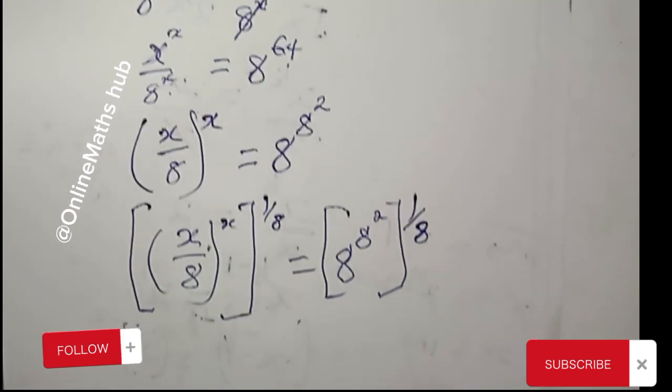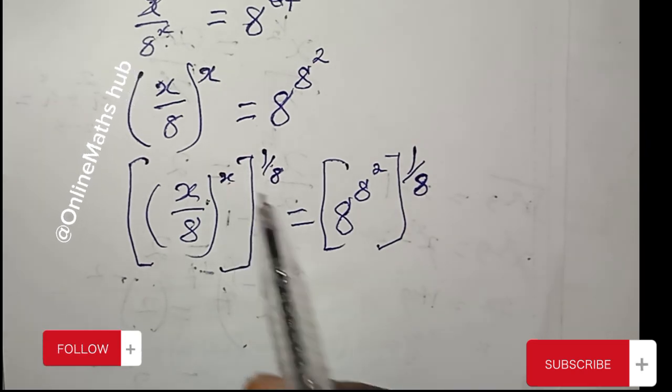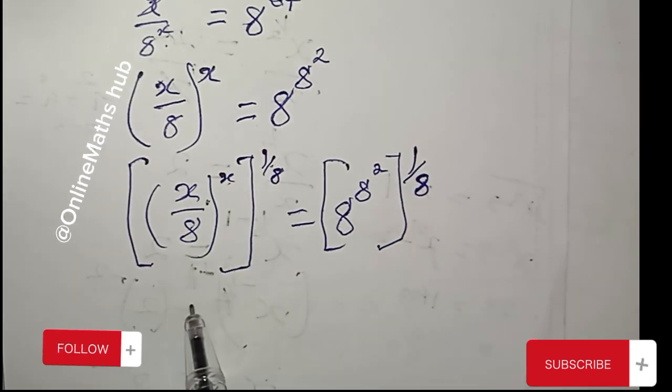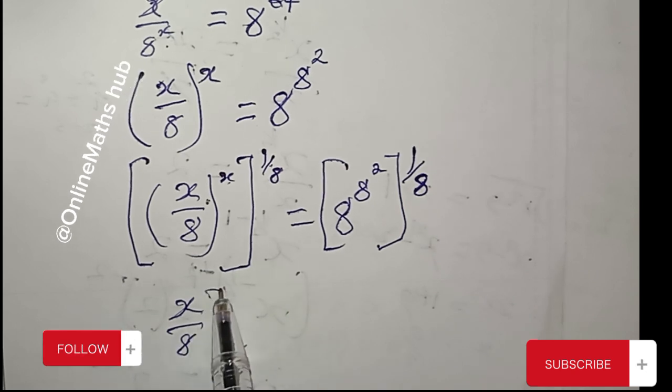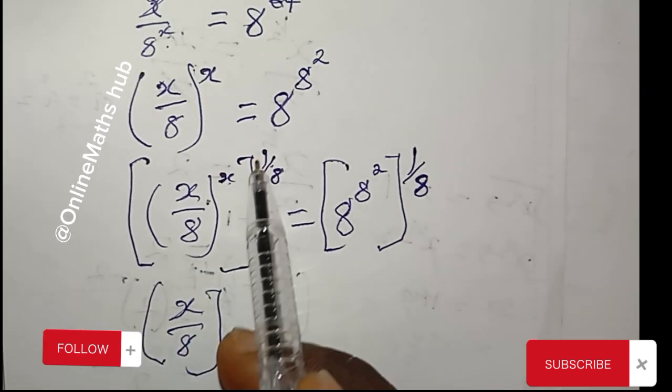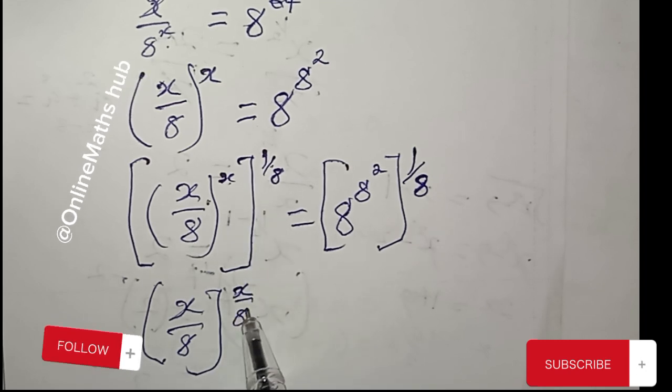At this point I am going to push this power inside, and if I do that, I have x divided by 8, and this power 1 over 8 will multiply the x, giving x divided by 8.